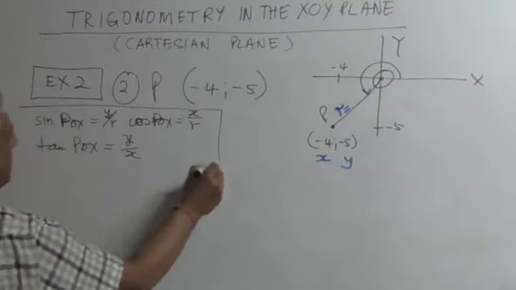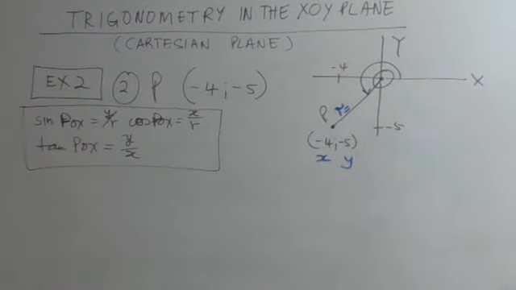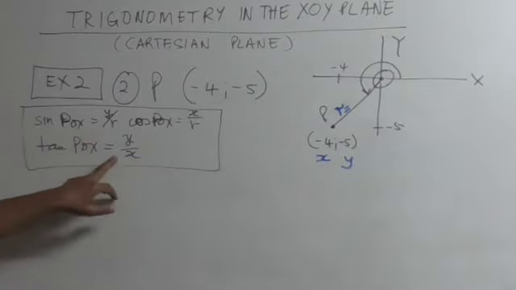We are going to use this set. That's what I mean by switching over. In the right angle triangle we use SOHCAHTOA; here we're going to use y over r, x over r, and y over x.